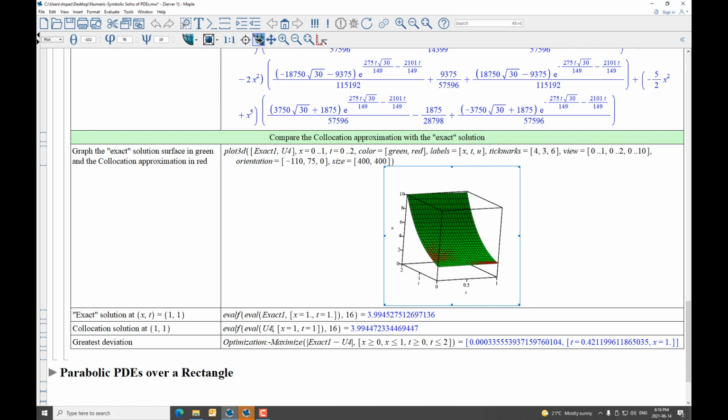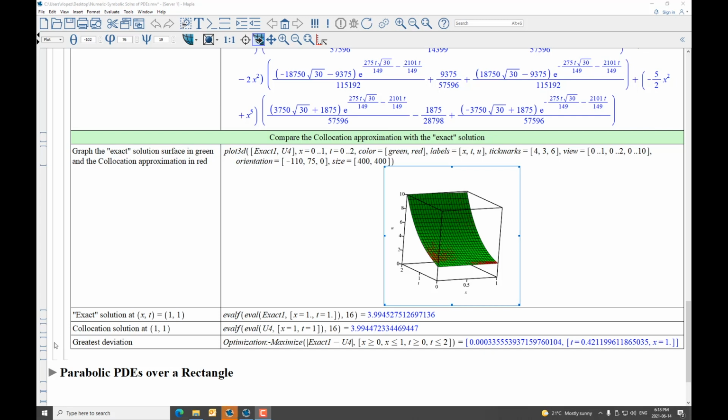We test this collocation solution at the same point. Here it's .99447, but here it's .994527. So it's not quite as accurate as the Galerkin solution. If you look at the maximum difference between exact and collocation, you can see it's nowhere near as small as it was for Galerkin.